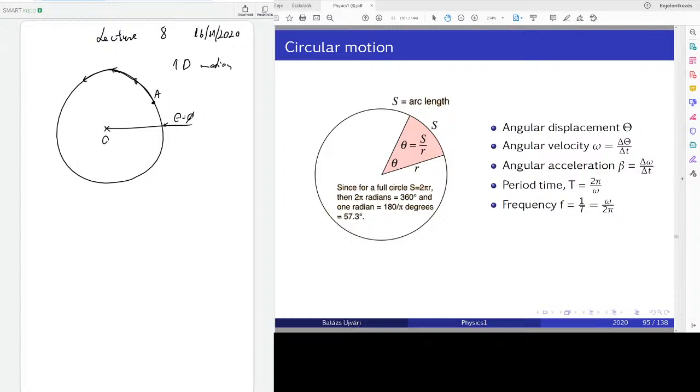We have only theta(t), a one-dimensional function that describes fully the motion. From theta(t), you can calculate omega(t), so this is angular displacement, this is angular velocity. You can get it by differentiating it, and with another differentiation, you can get the angular acceleration.